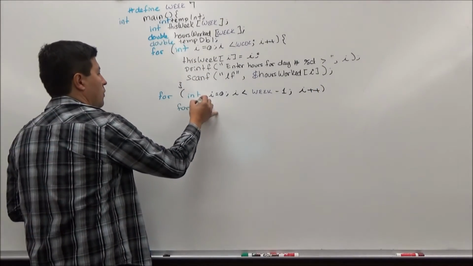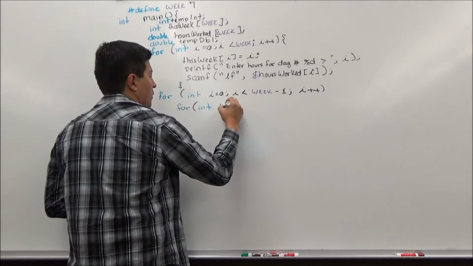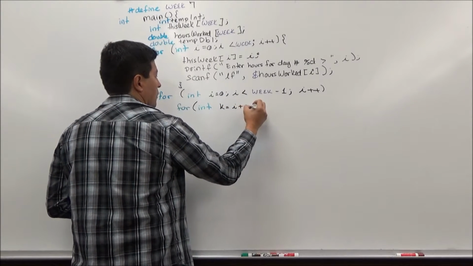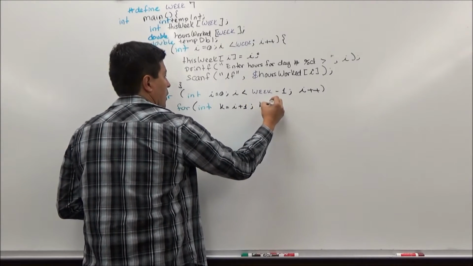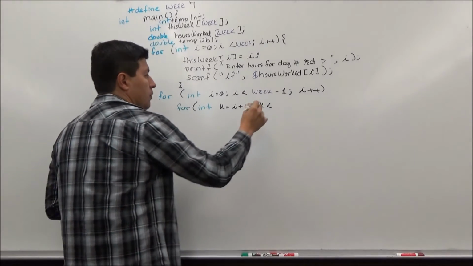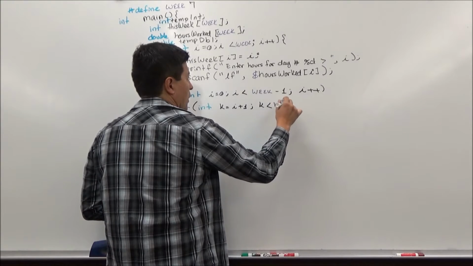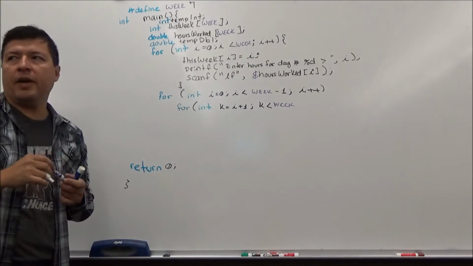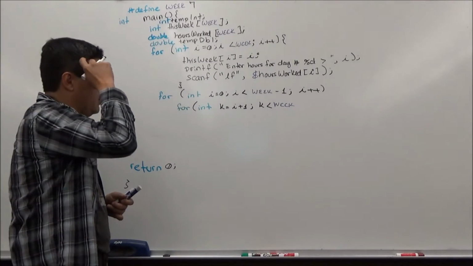And then I'm gonna use k from equals i plus 1, k less than the size of the week. I think in the example I called it current element, rest of the array or something, but I don't like to type or write that much anymore.